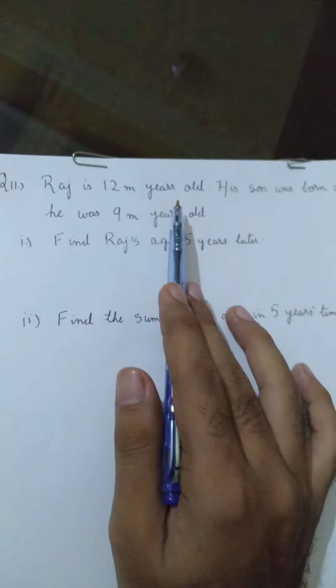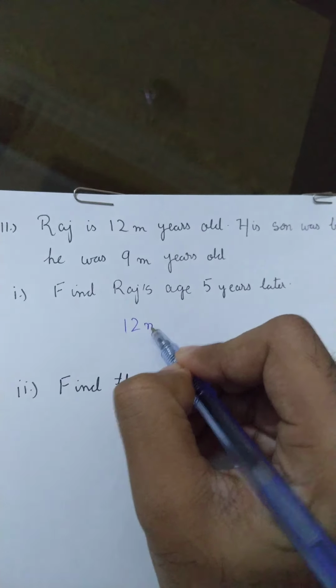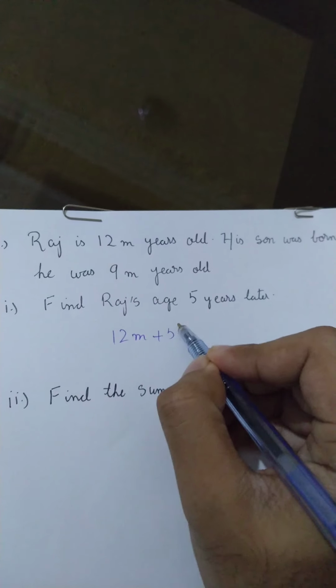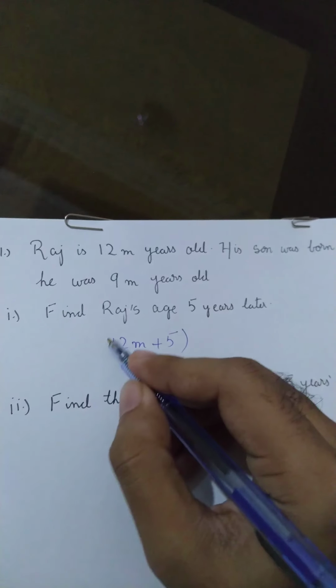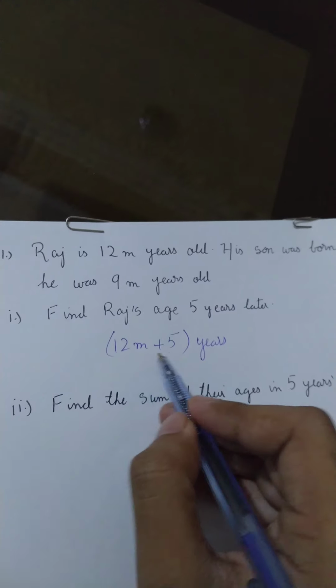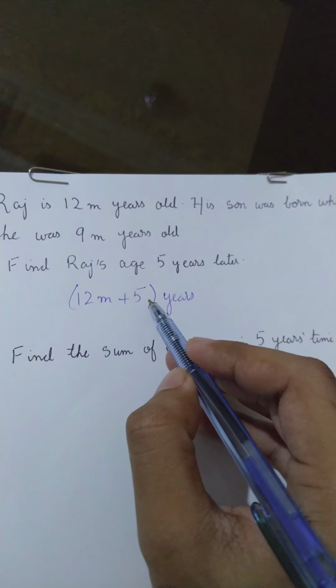So it's very easy. As we know, Raj is 12m years old right now, present age 12m years old, and after 5 years I will simply add 5 here, put it in a bracket, years. 12m plus 5 years, this is the age of Raj after 5 years. Why have I not written any m with the 5?